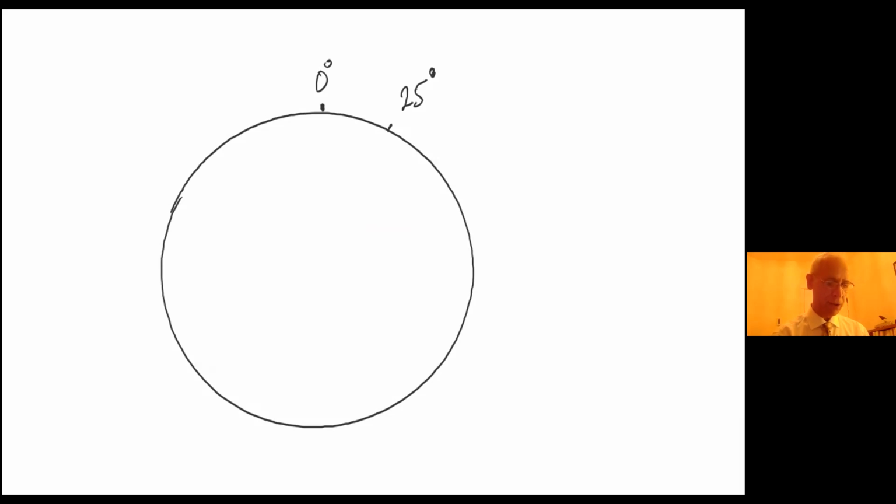So if I add 25 and 49, then I get 74 degrees. The next part was bonds, 39 degrees, adding 39 to 74, I get 113 degrees.